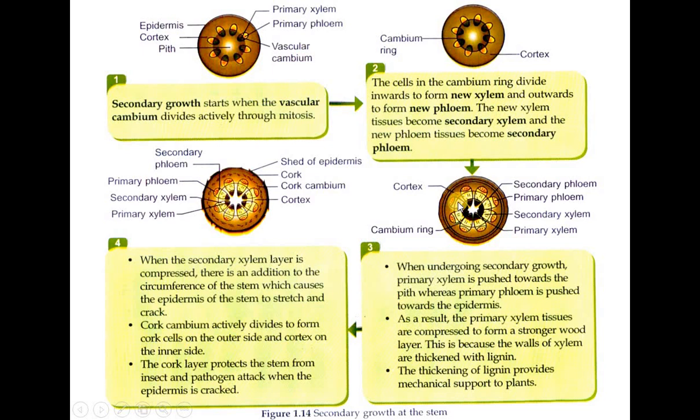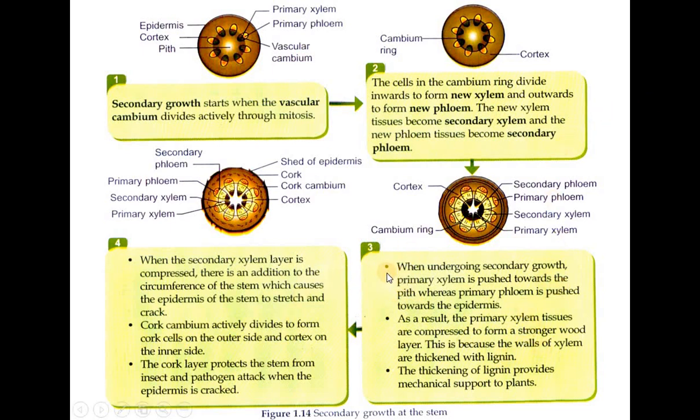This refers to the new xylem cells that become secondary xylem, and here is the primary xylem. Then at the outer layer, outside the cambium ring, the new phloem cells become secondary phloem, and the old phloem cells become primary phloem.